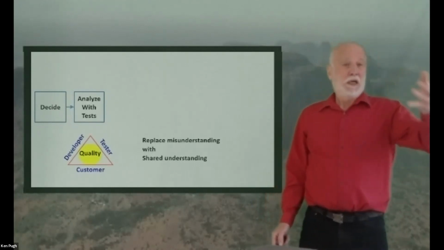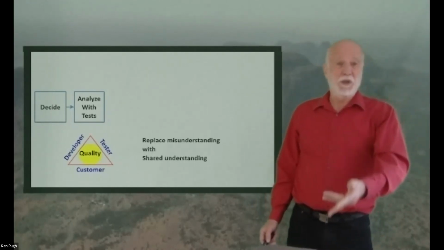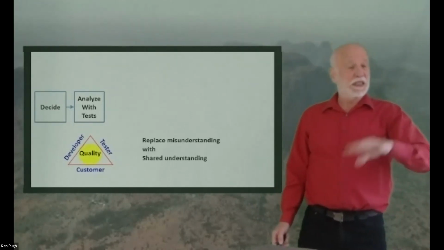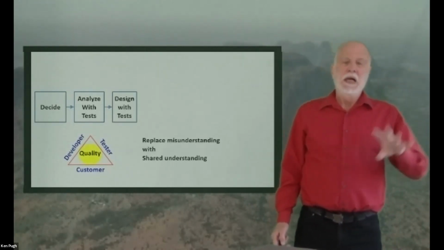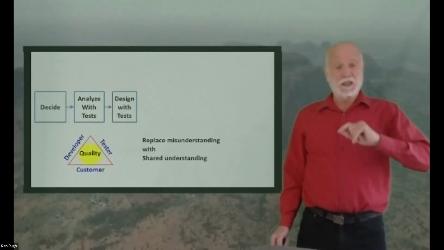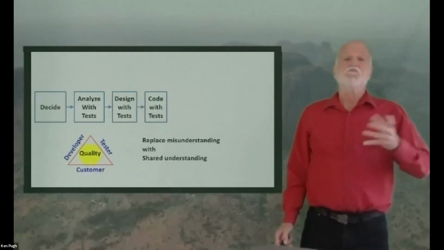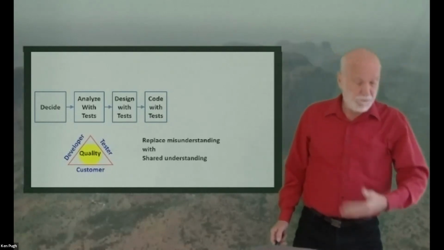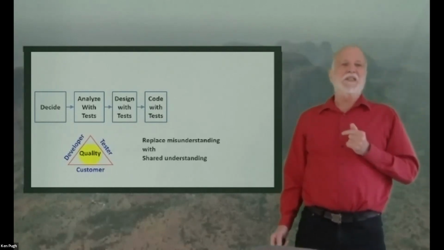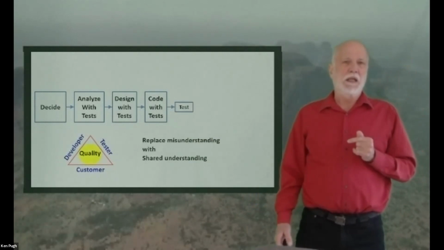Temperature: how many decimal digits do we want to round up, round down? All of that. Then we design with the test to make sure our design is testable. We code with the test. We make sure that our code passes all the tests we've agreed with.